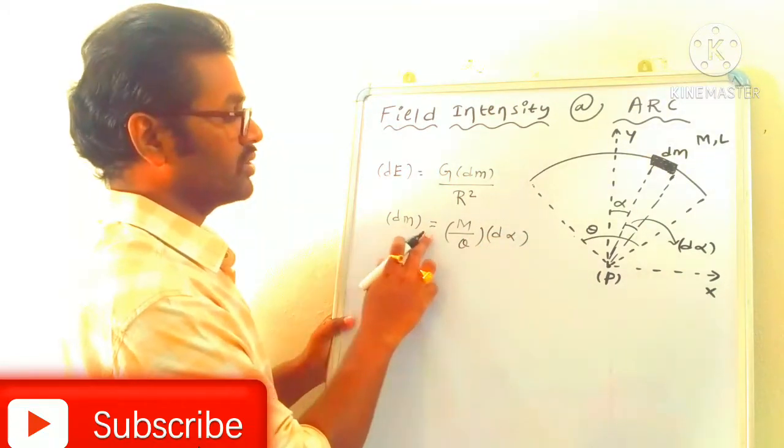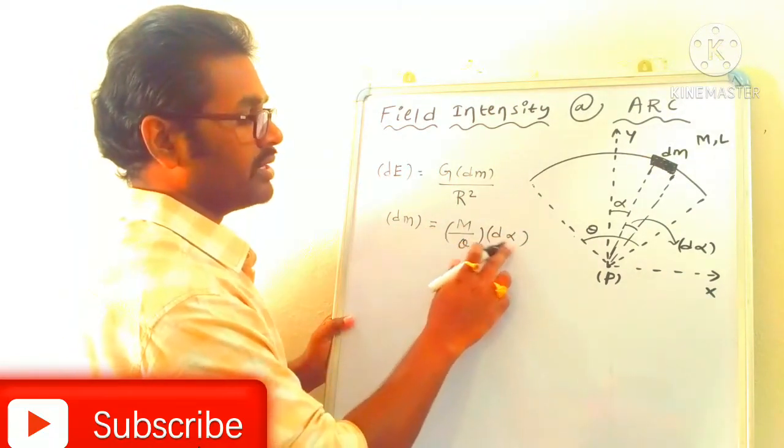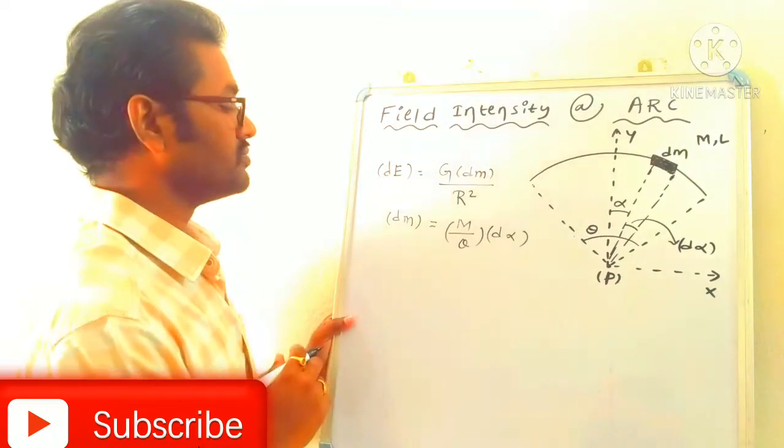So dm is equal to m divided by theta into d alpha.